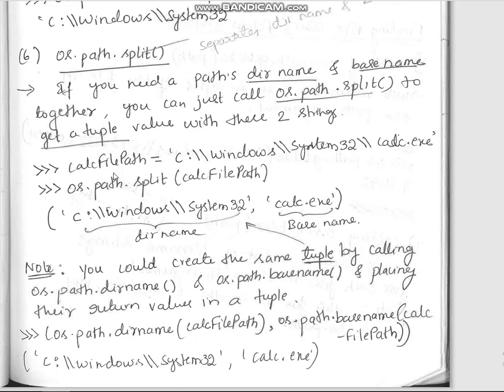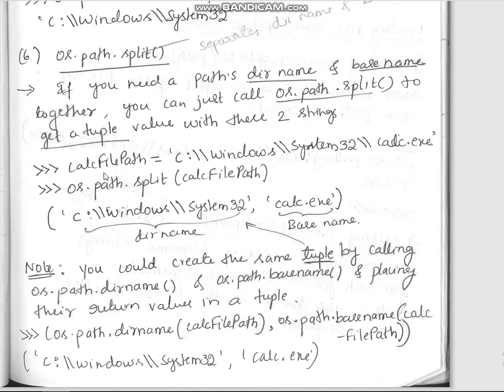For example, I have used calcFilePath here, and I'm giving this path as an input for this split method. So if I call os.path.split, I'll get the result like this. It returns two values: this is the directory name and this is the base name.